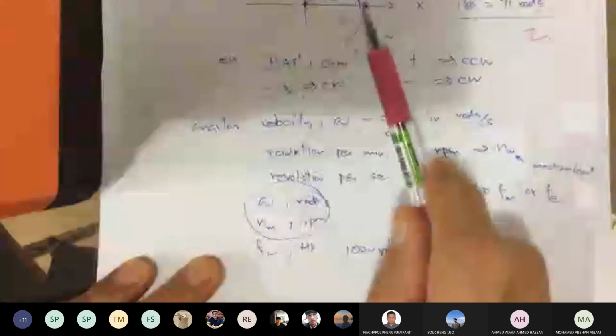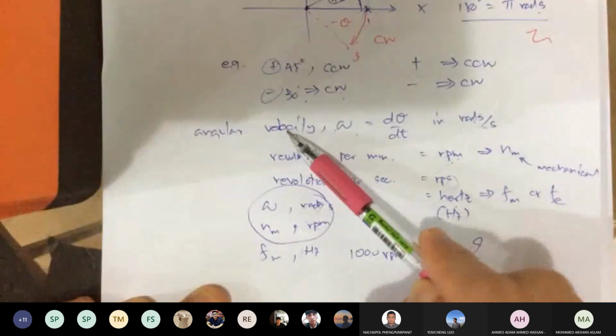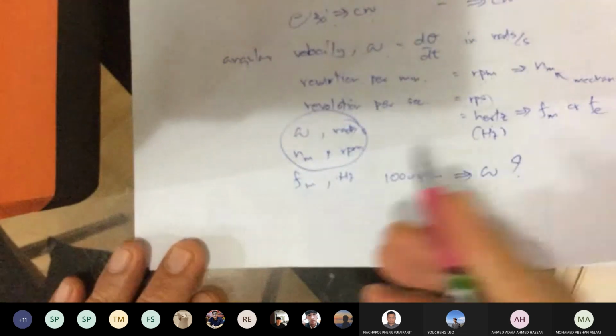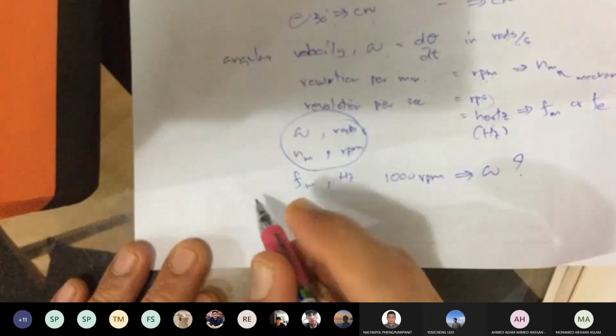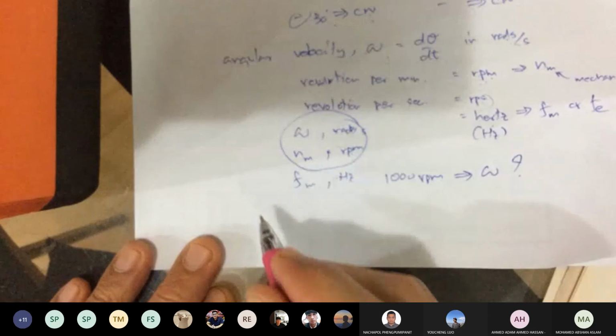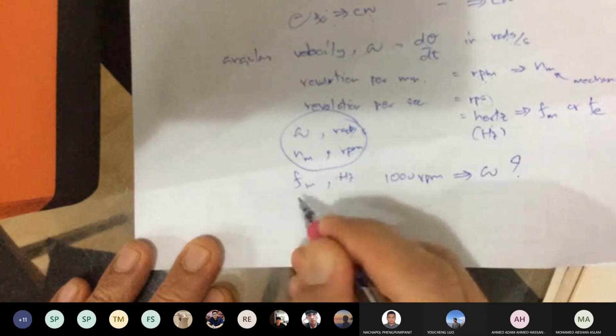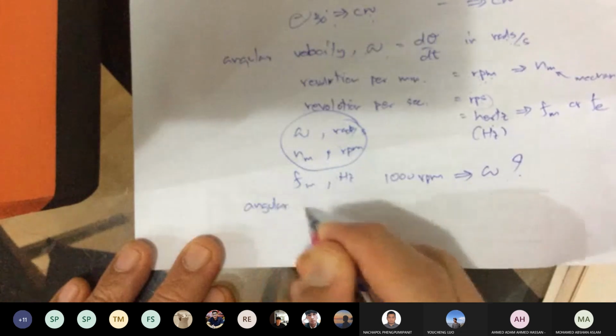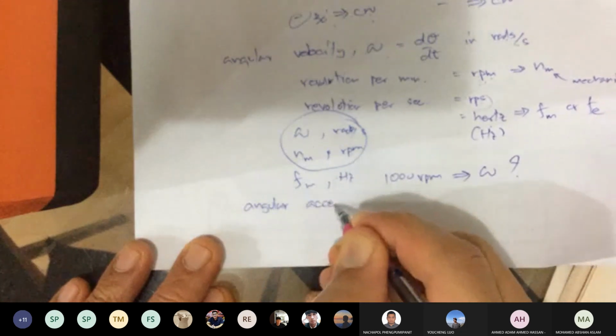Because we have position and velocity, we also have acceleration, but in this class we don't make much use of it because most of our study is under steady state conditions. So there's no acceleration per se, but we just put it here.